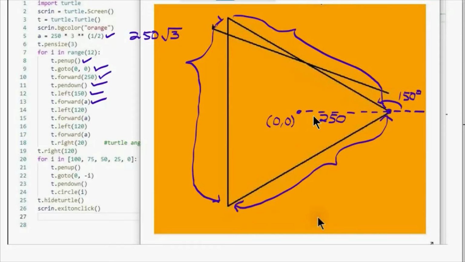Now, why is the length 250 radical 3? Because since this is equilateral, that means this angle here is 60 degrees. That means this one is 30 degrees. Now, if I draw a line perpendicular to this one here, then it's gonna be like this.